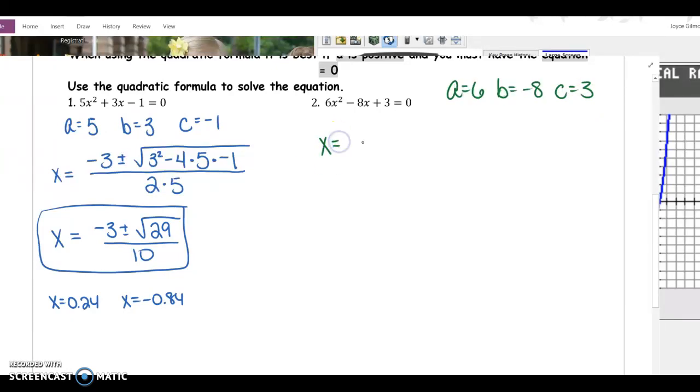X equals opposite of B, so this time we use positive 8 plus or minus the square root. Now, b squared, anytime your b is negative, I'm going to strongly recommend you put the negative 8 in parentheses. Minus 4 times a times c, all over 2 times a, 2 times 6.